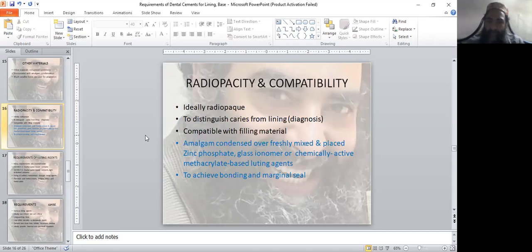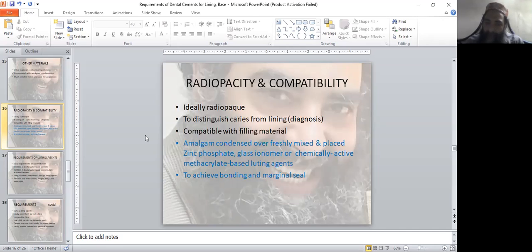And what is the benefit of radiopacity? They help us to distinguish caries from lining material. This also helps in diagnosis of the caries, current or recurrent caries.